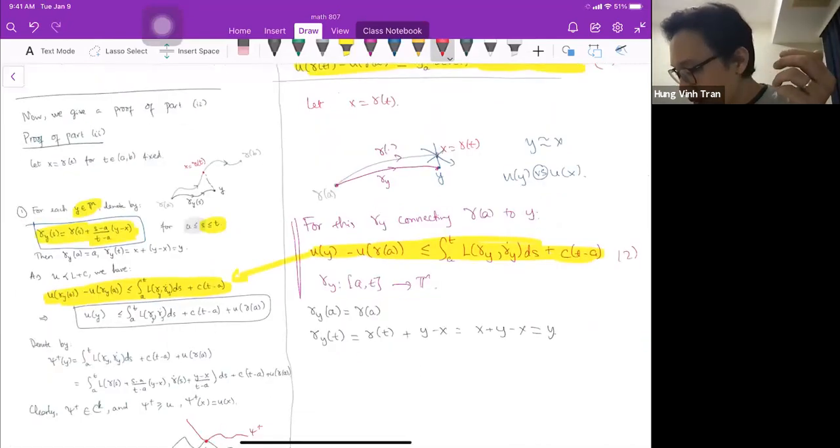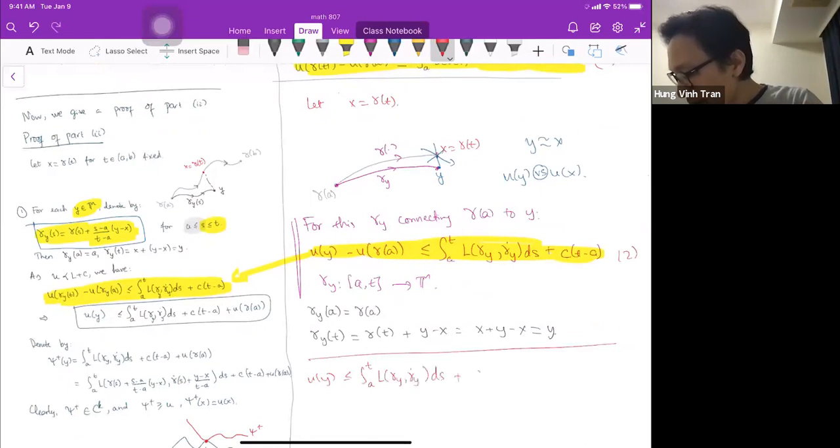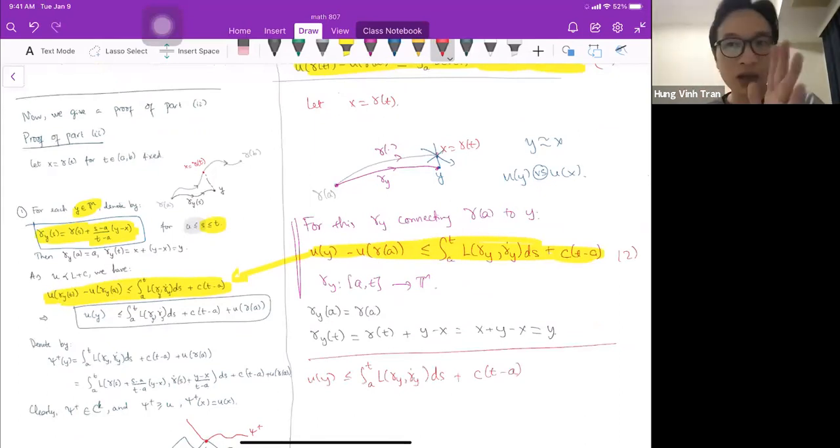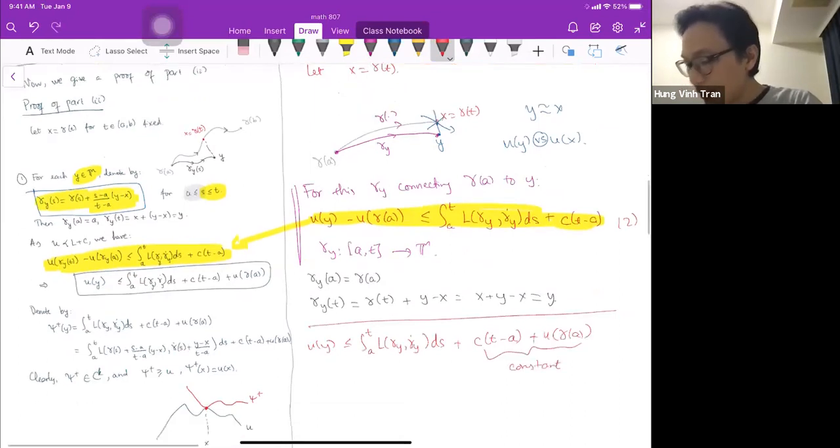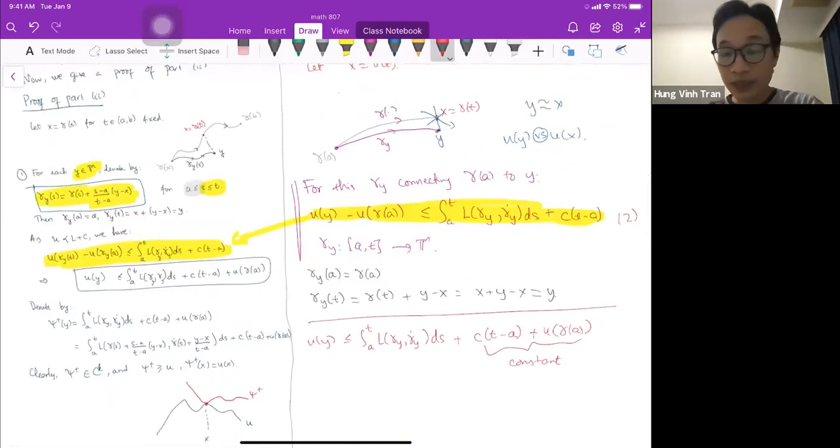The second one gives me that u of y is less than or equal to the integral from a to t of L of gamma y, gamma y dot, ds plus c of t minus a, plus u of gamma a. This is just a constant, don't worry about this. But this is good, right? Because it tells me that I can start seeing the value of u of y floating around.